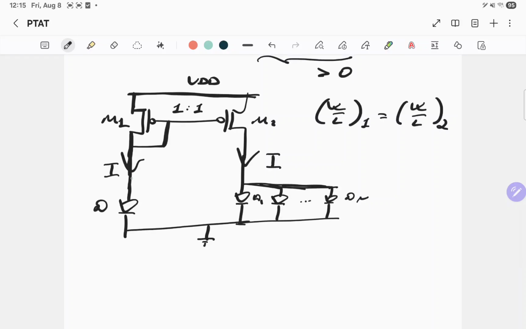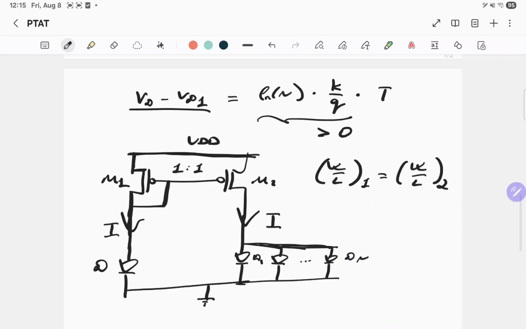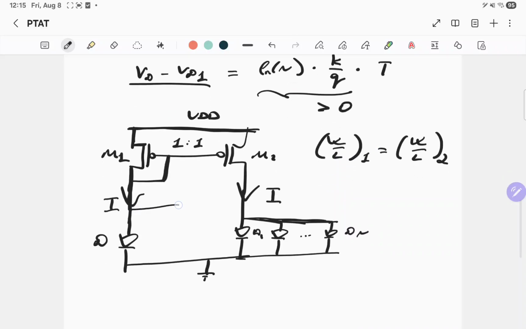Now, in this case, as we said, the VD minus VD1 would be a PTAT reference. So this is the VD, this is the VD1, and VD minus VD1 would be this difference.